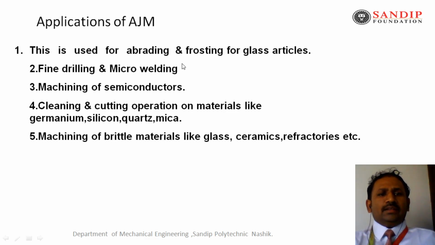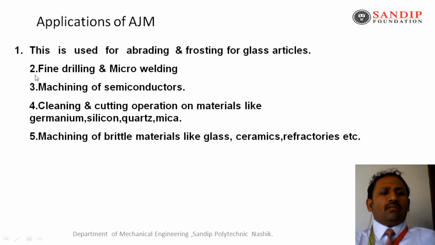When you visit glass shops, there is a process of removing burrs on the glass or some addition of materials. For that purpose these processes are there, abrading and frosting for glass articles, meaning you get more finish.